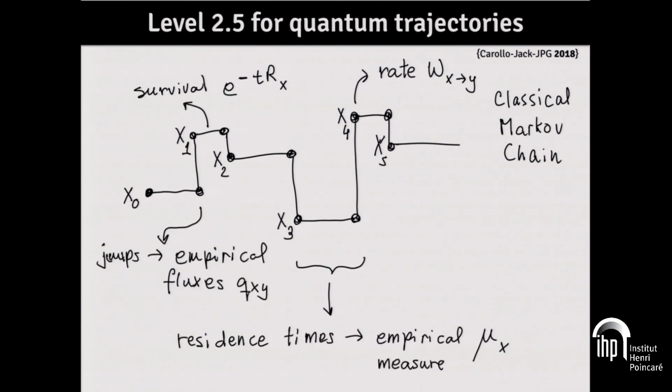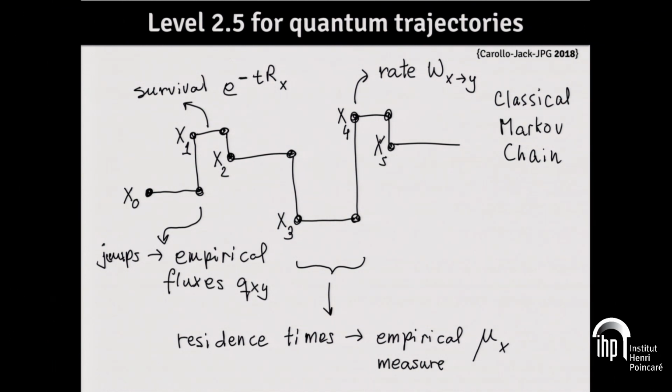Now, if I have a very long trajectory, by ergodicity from long trajectories I can infer information about an ensemble of trajectories. So if I have a long trajectory, there are two interesting quantities. One is called the empirical measure. From the residence times, I can estimate, in the stationary state or in a very long trajectory, which may or may not be typical, the measure of occupying the state.